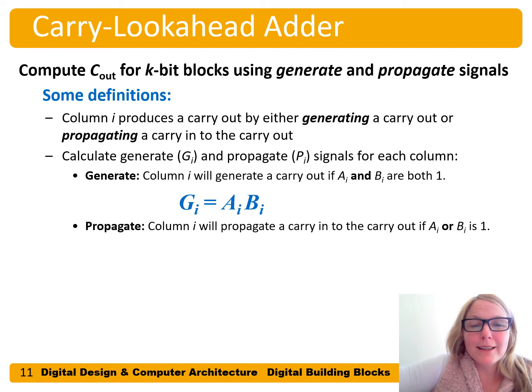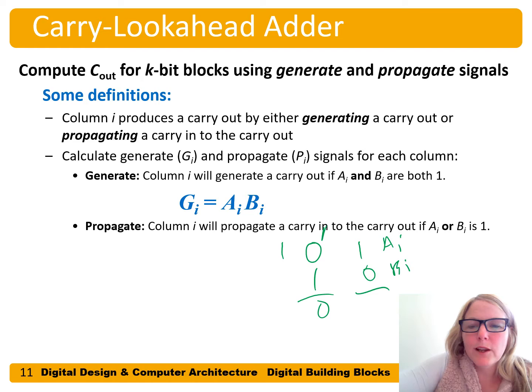Now let's talk about propagate. A column will propagate a carry if A sub I is 1 or B sub I is 1, right? We can have this case, 0, 1. If a carry comes in, yep, that gets propagated to the output. Here's the other case, 1, 0. If a carry comes into that, it will get propagated to the output. And then we have the kind of redundant case with generate, 1 plus 1.